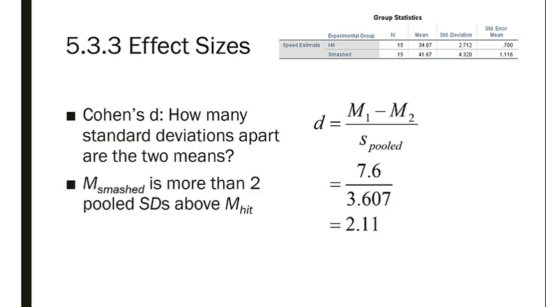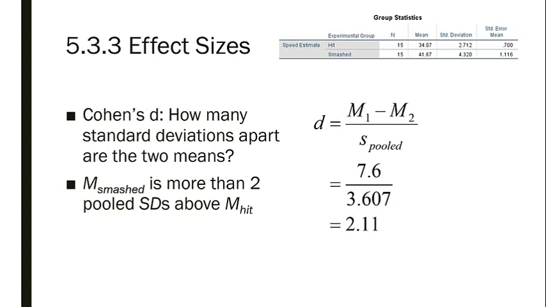And the way to interpret that is that the smashed mean is more than 2 pooled standard deviations above the hit mean.